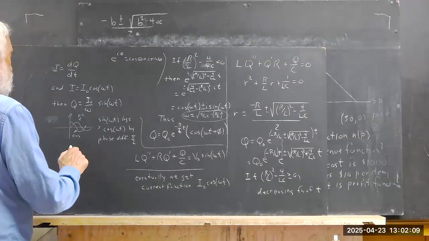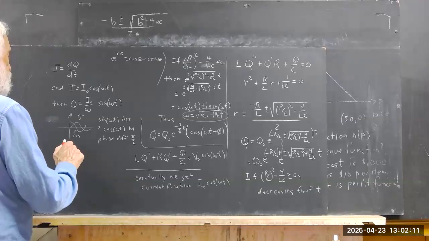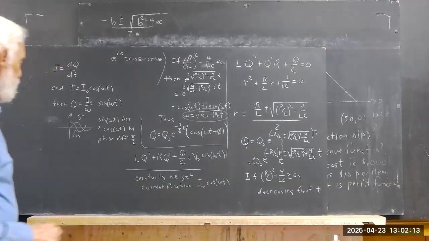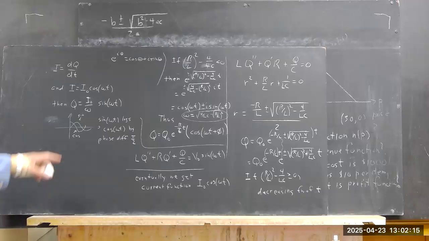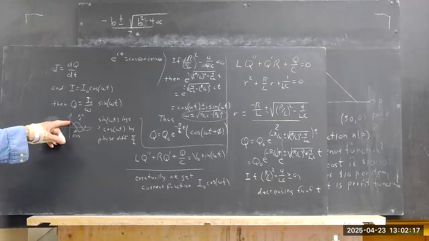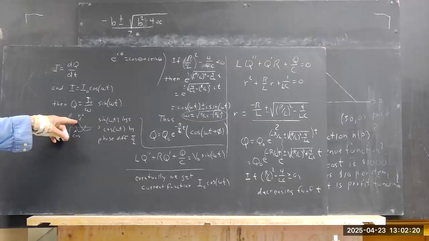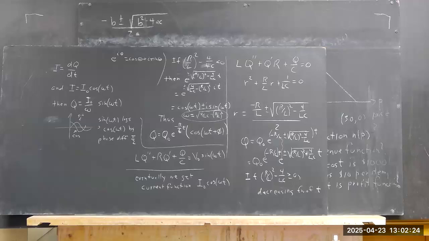What happens to the cosine happens a phase of pi over 2 later to the sine.